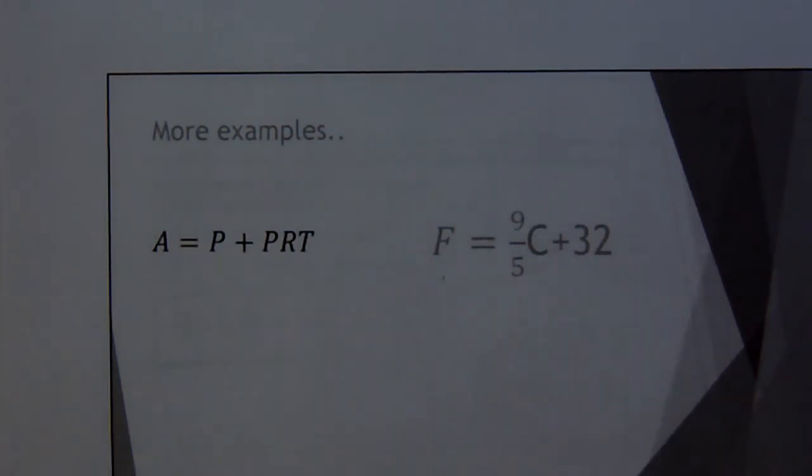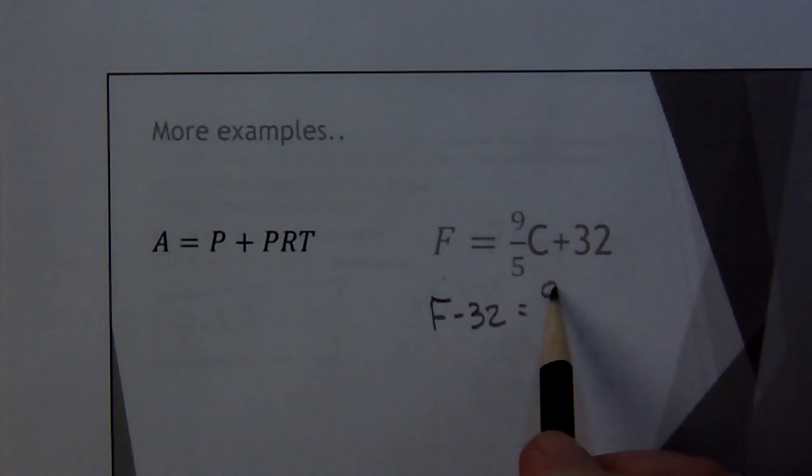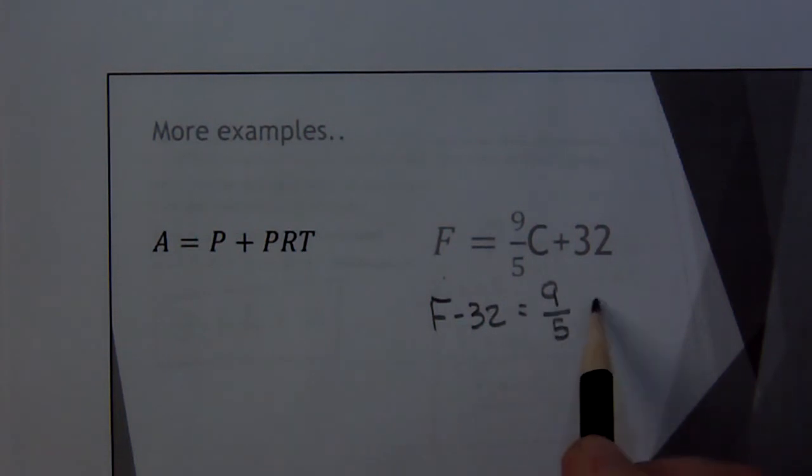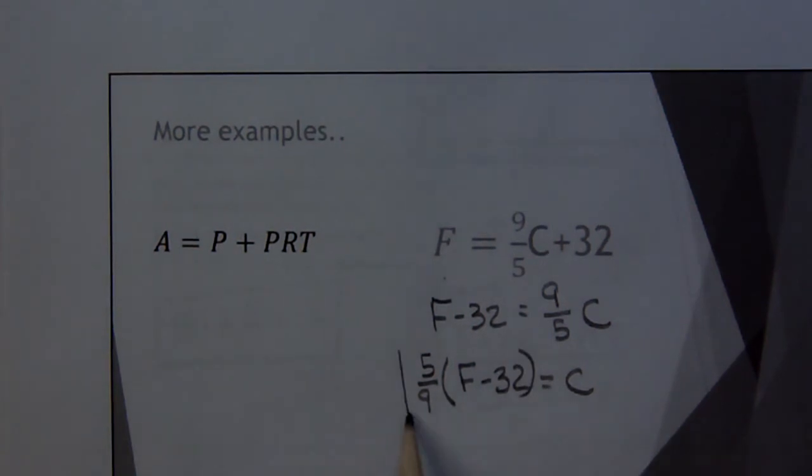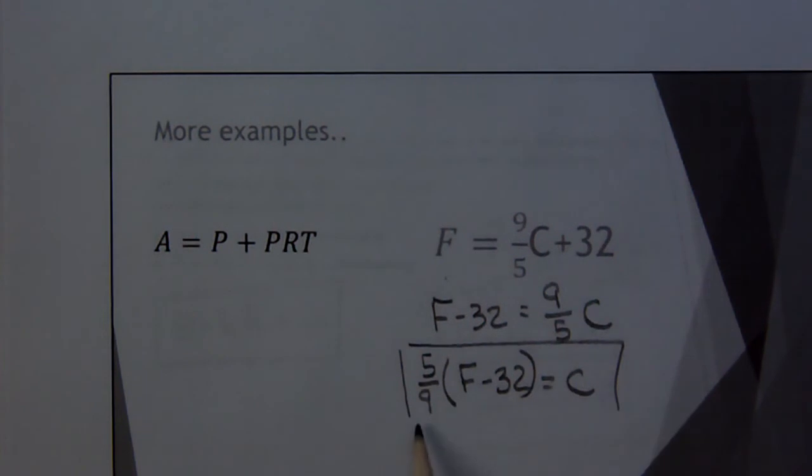I would solve for the C. So first thing I would do is subtract the 32 from both sides, and that would be 9 over 5 C. But like I did in the previous example, I will multiply both sides by 5 over 9 to get C on this side, and this will be 5 over 9, but it is 5 over 9 times the whole of F minus 32. So that would be solving for Celsius in terms of Fahrenheit.